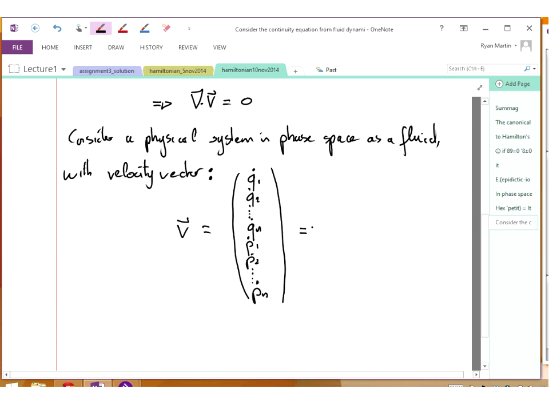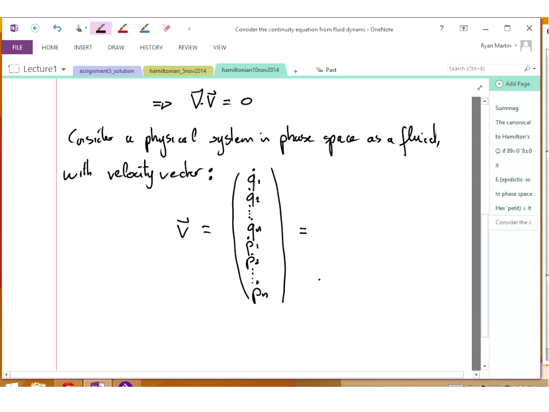Right? So in that space that I've labeled as 2n-dimensional space with n coordinates and n momenta, the velocity through that space is the time derivatives of all those coordinates.